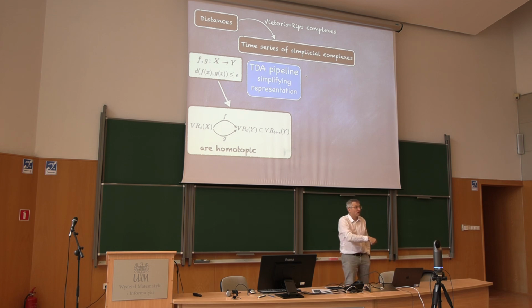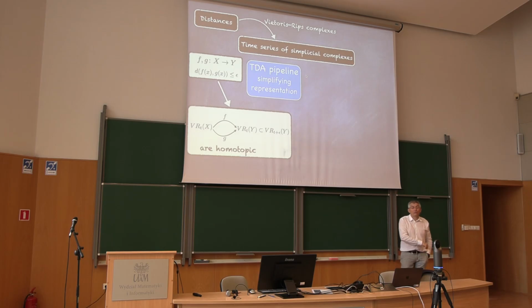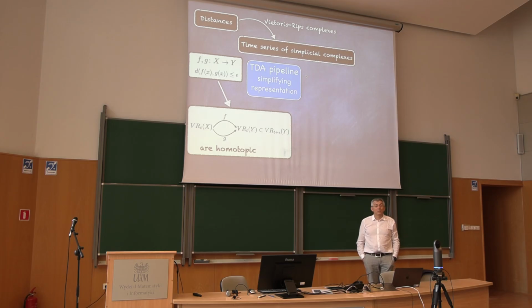Imprecision, noise, is converted into a relation that holds up to homotopy, something that topologists have studied for a very long time. That's a key thing. Noise, imprecision, is converted into a geometric relation, in this case, being homotopy.